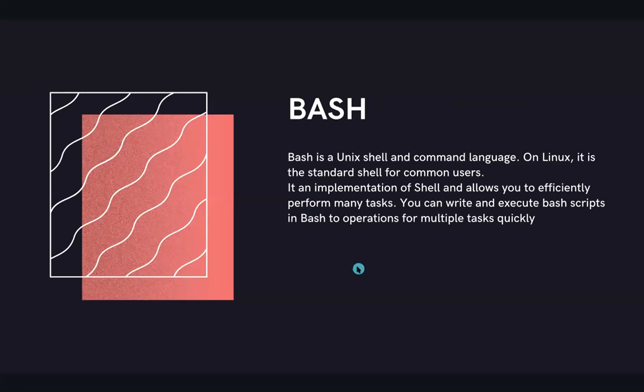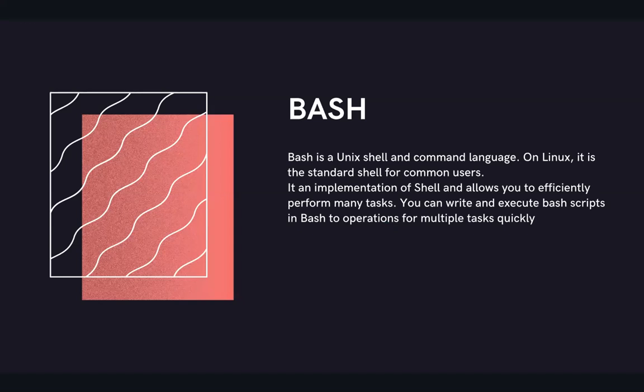It is a shell that is implemented for the terminal, and it allows you to perform many tasks efficiently. It is also a command language that you can write a script in. You can therefore execute the script in the bash shell by calling the bash scripts.